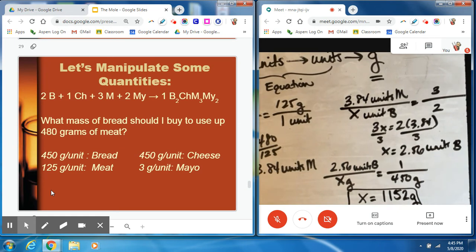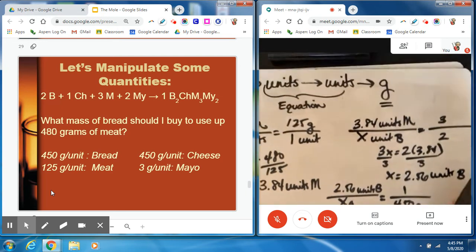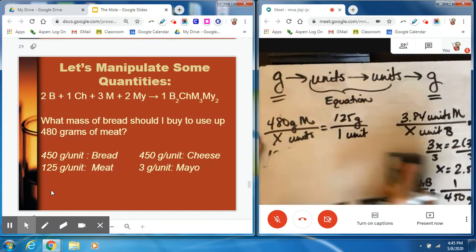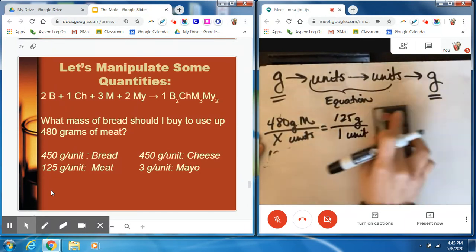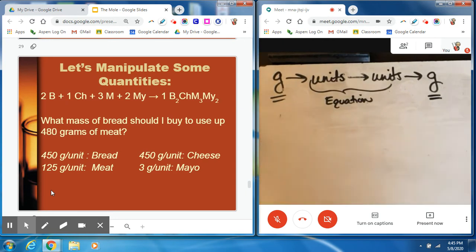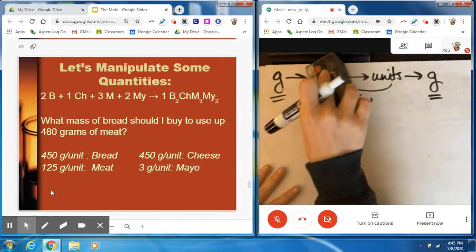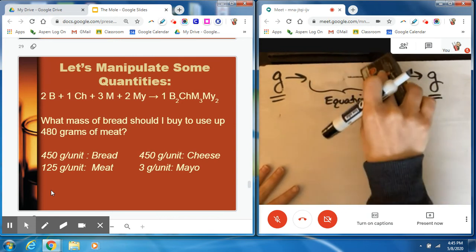So you'd have to go to the store and make sure you bought that many grams of bread. Okay? So now that we've done this with things that you are familiar with, let's do it with things that you are not as familiar with. The process is exactly the same. Nothing changes except we're going to swap the word unit out with the word mole, because that is what we use in chemistry.